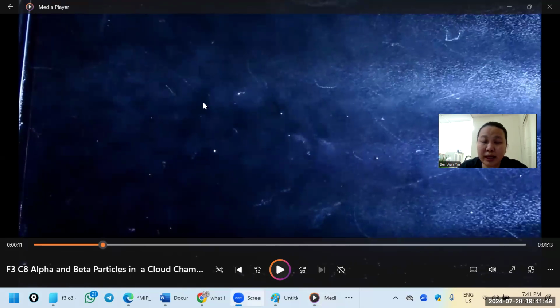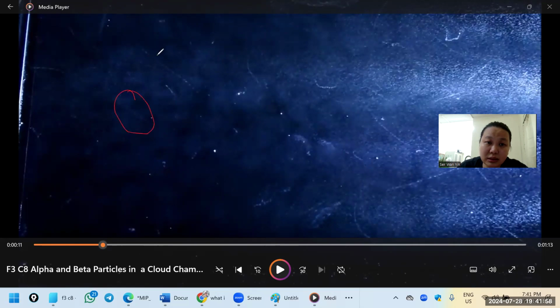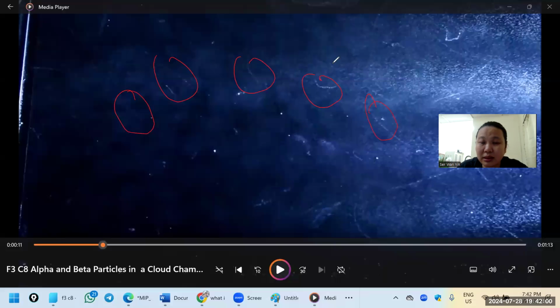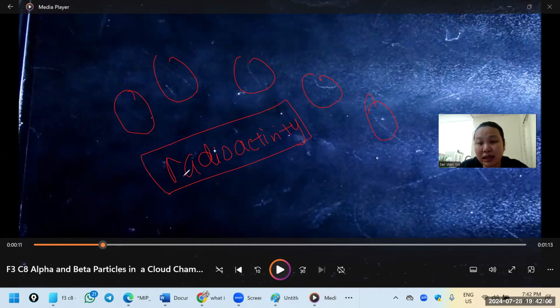Okay, then why do I show you this? Because I want to tell you the Geiger-Müller meter is counting the radiation. We call it radioactivity. Okay, we call it radioactivity. It means in 1 minute, how many radiations are detected.